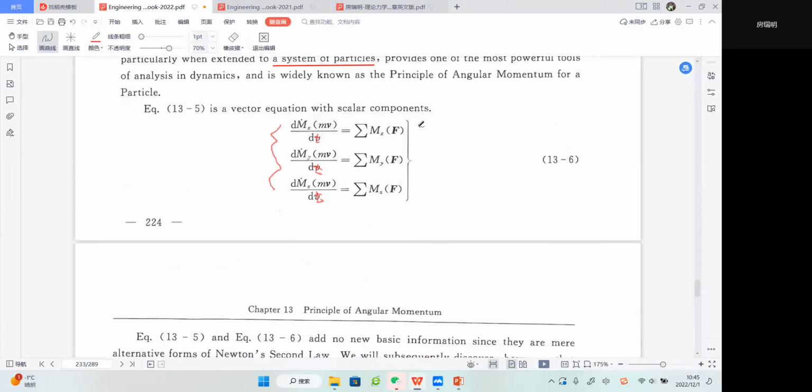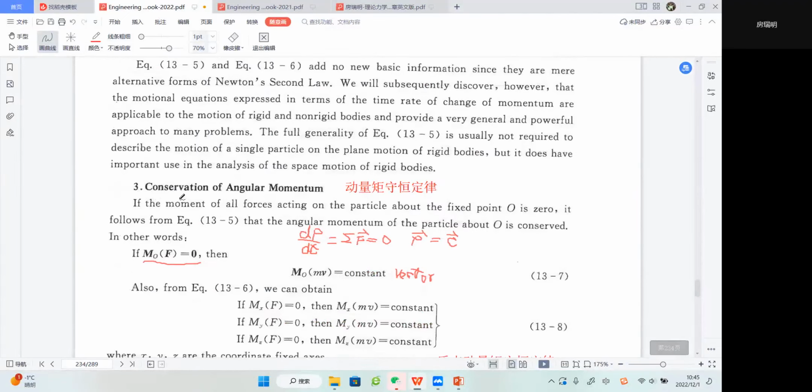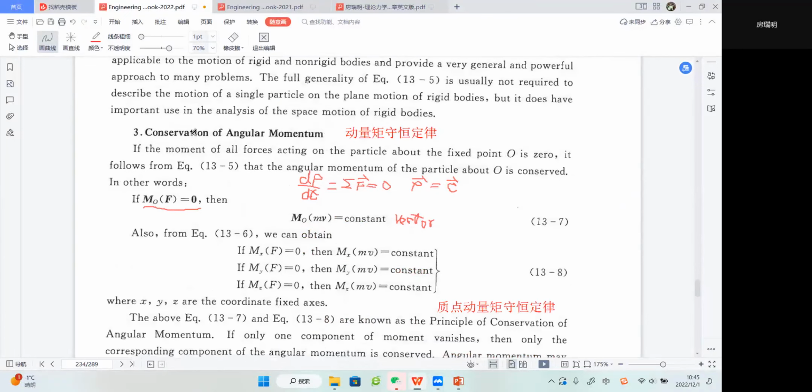If this one is 0, that means Mx will be constant. If this one is 0, then this one will be constant. So that all tells us the conservation of angular momentum. In Chinese, we call that 动量矩守恒定律. 守恒 means never change, because it is a constant vector. Its direction and its magnitude never change. That means conservation.